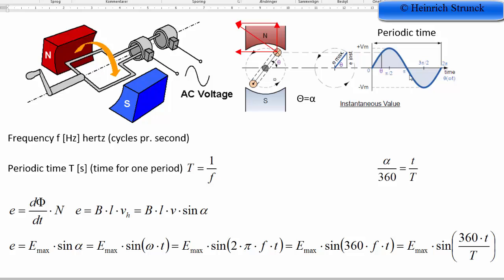So this generator generates one cycle, one sine curve in one periodic time, and it is when we rotate the wire one time.